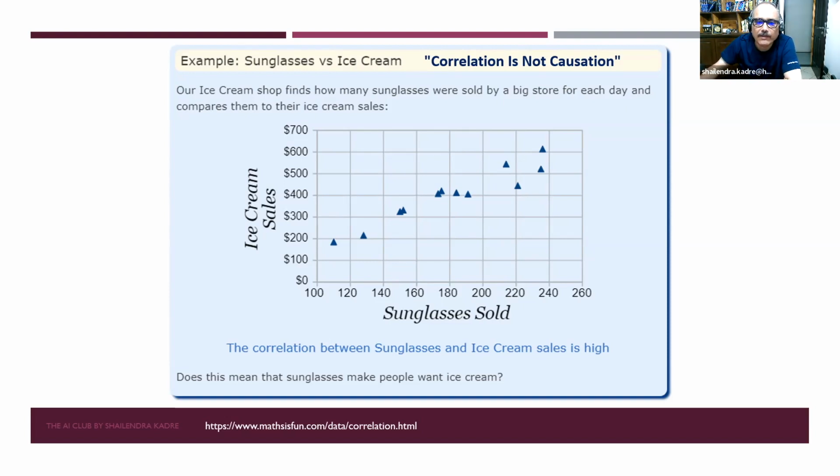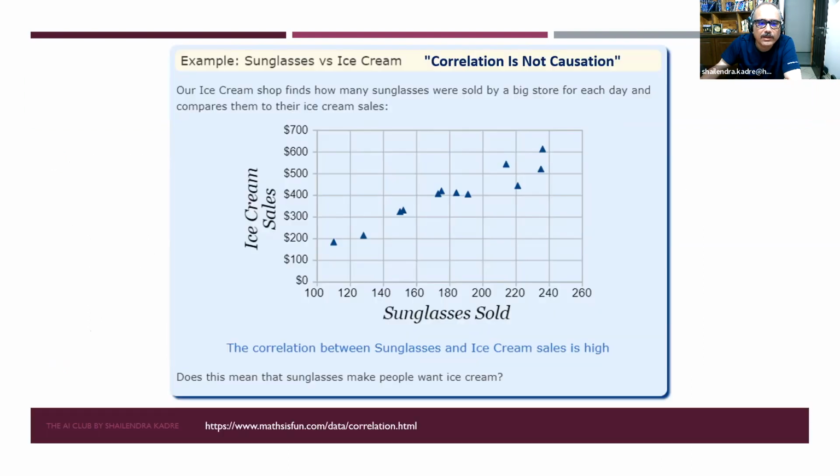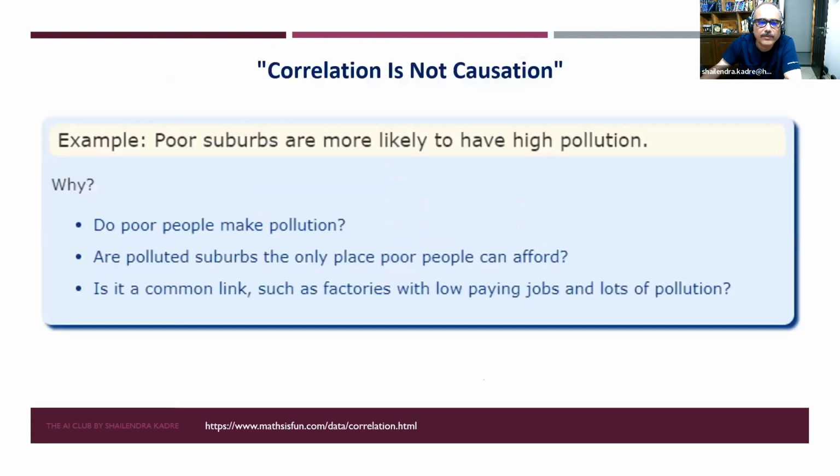One more example I am giving you is this. Poor suburbs are more likely to have high pollution. There can be many reasons. Poor people are not causing high pollution. There may be many reasons which are listed here.